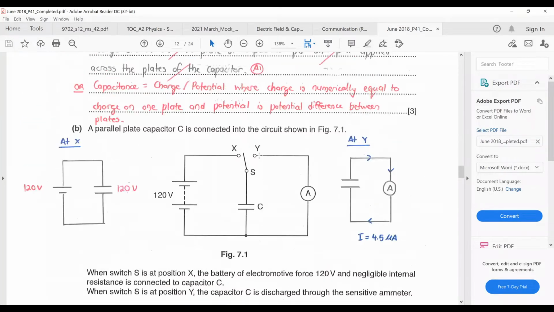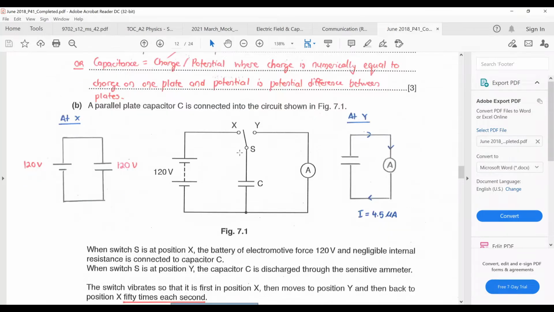What they mentioned here is that your switch can alternate between position X and position Y. If it's at position X, your circuit looks like this. If it's at position Y, your circuit looks like this.